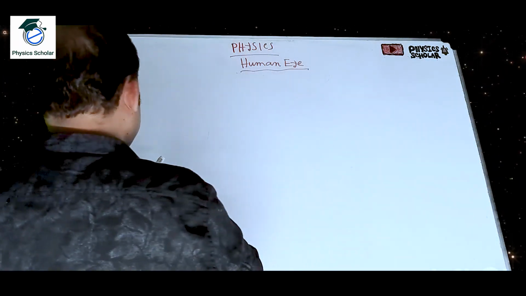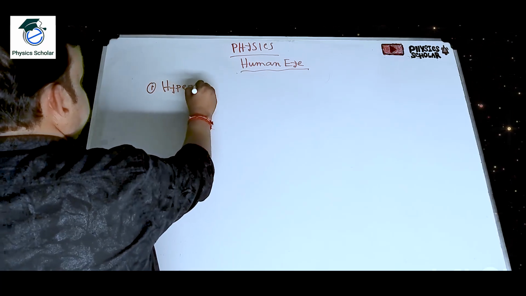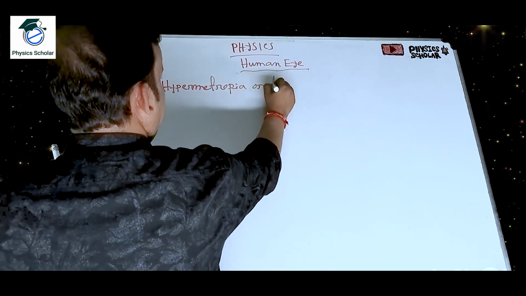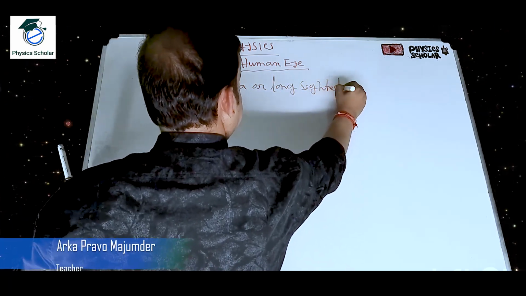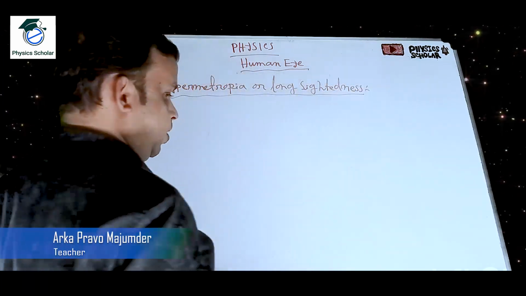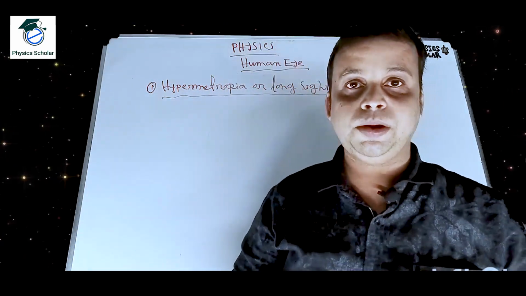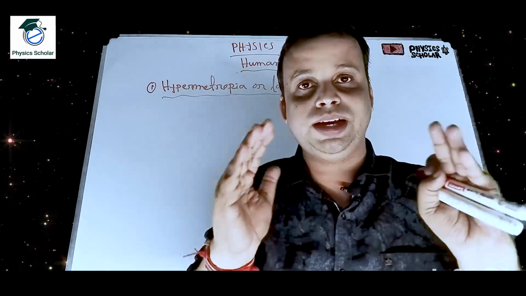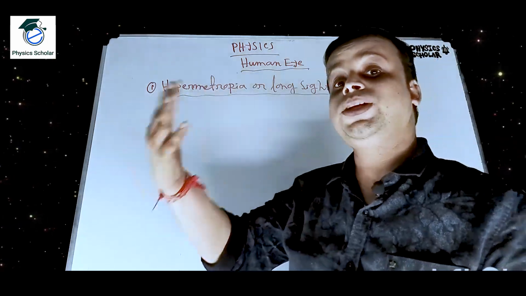So today the first topic is hypermetropia or long-sightedness. What is hypermetropia or long-sightedness? In the previous episode I discussed short-sightedness, where our vision is limited to objects situated nearby. But here this is the opposite scenario.